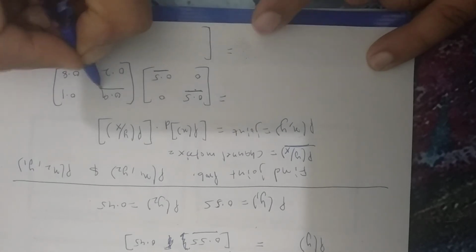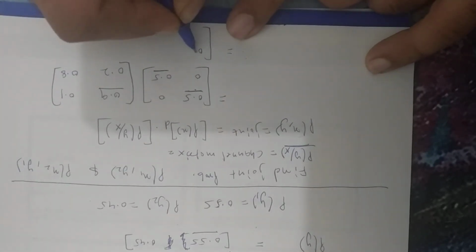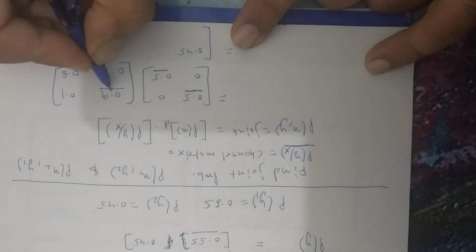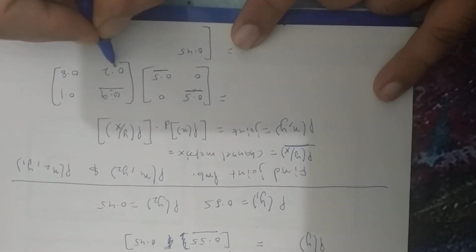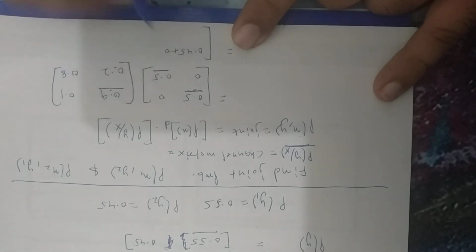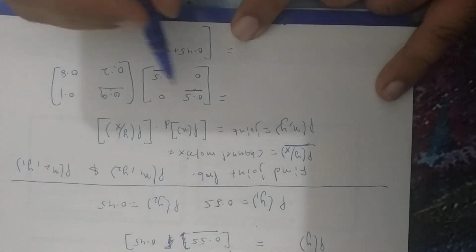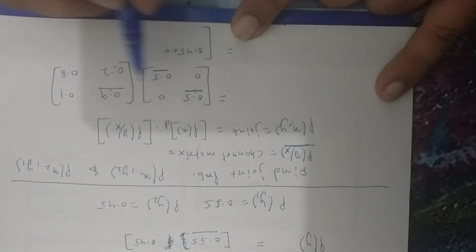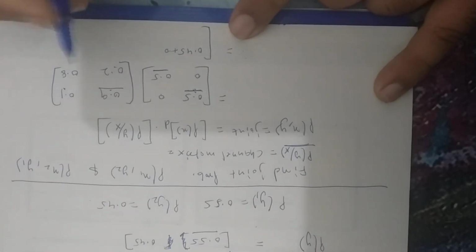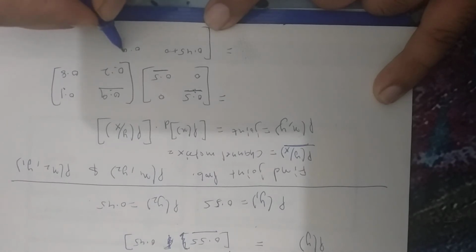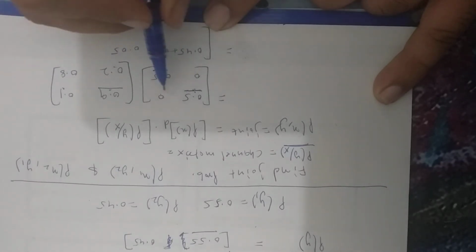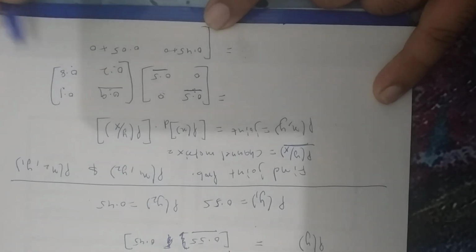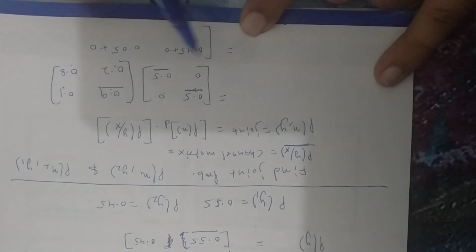0.5 into 0.9 will give 0.45, plus 0 into 0.2, which gives 0. 0 multiplied by anything will give 0. So we have done this. Now we will do 0.5 into 0.1, that is 0.05, plus 0 into 0.8. 0 multiplied by 0.8 will give 0 itself.